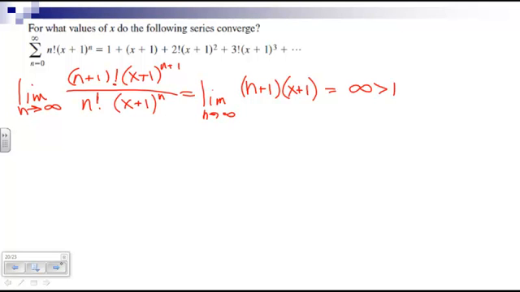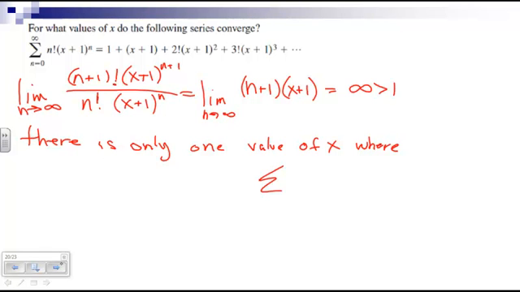In this case, there is only one value of x where this series converges. What is it? What is the one value where this converges?